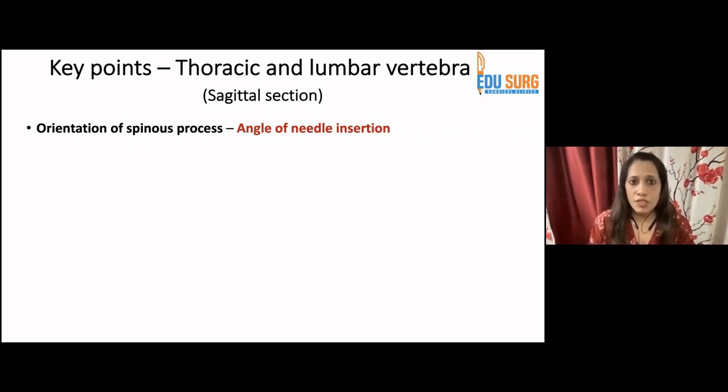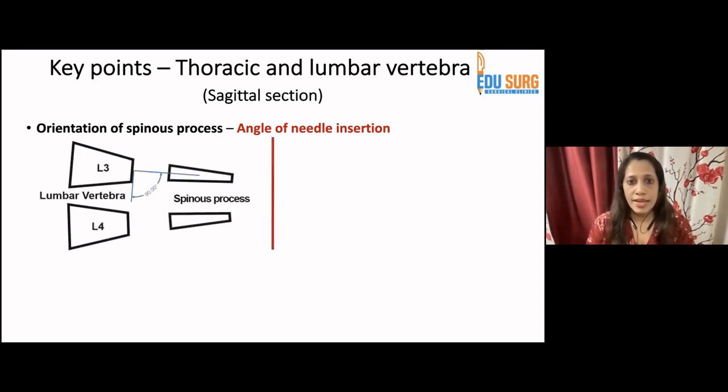The orientation of the spinous process decides the angle of needle insertion. So this is a simple line diagram, the sagittal section of your spine. Here you can see L3, L4, for example, and you can see the wide distance between the two and the direction of the spinous processes. So when you insert the needle here in the lumbar area, you will almost go perpendicular to the skin.